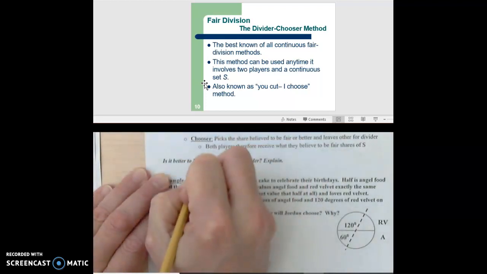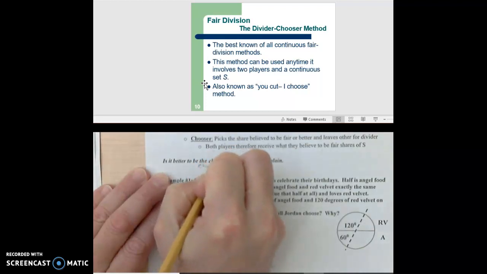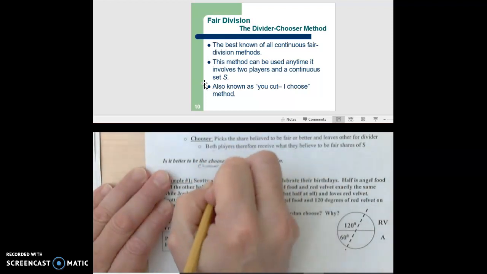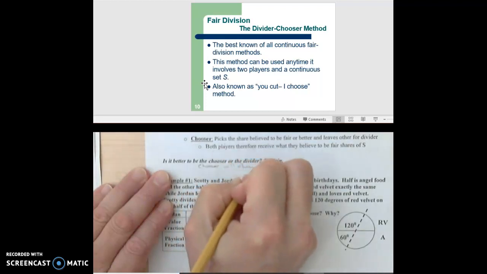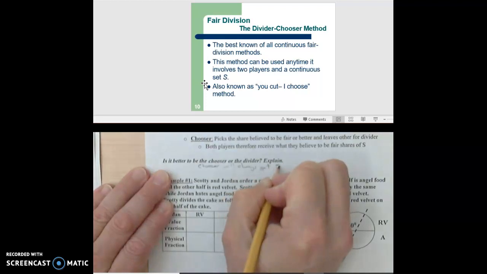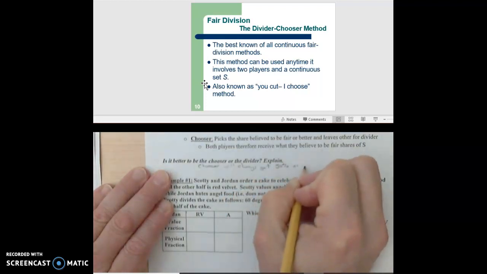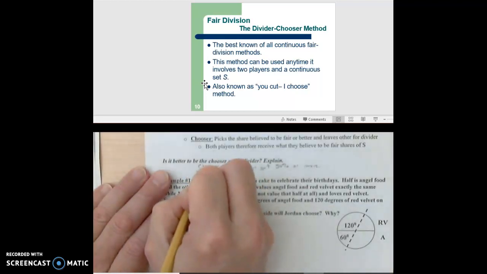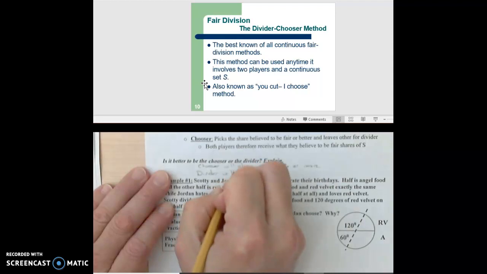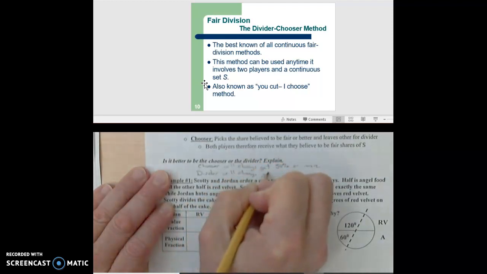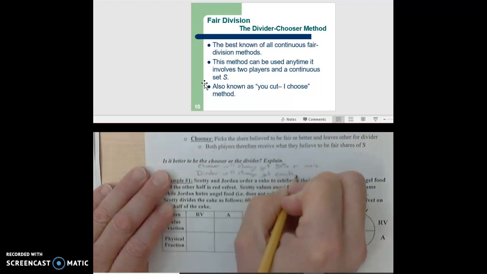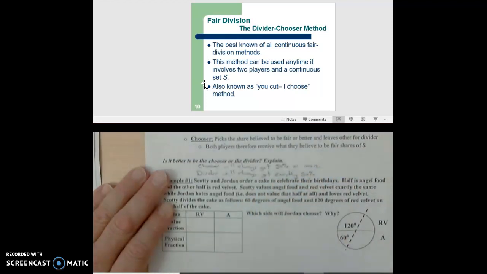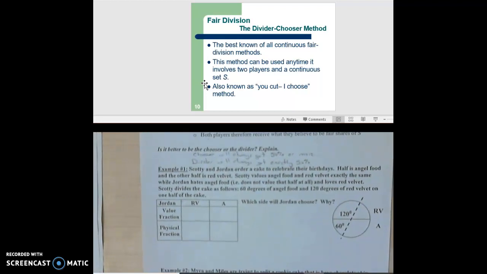So the chooser will always get 50% or more of the share.